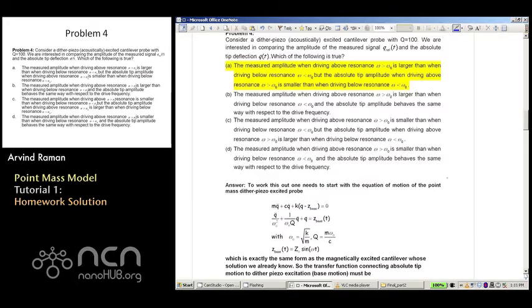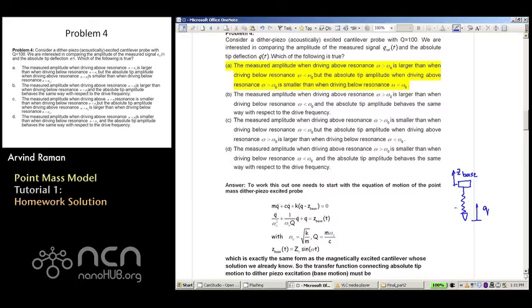What we have to do is to keep in mind that if this is the base of the probe and that is the probe tip, then as the base of the probe moves up, Z base, there's an absolute tip motion up, Q, right?